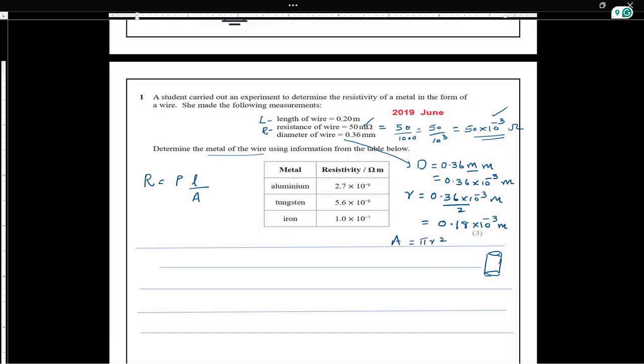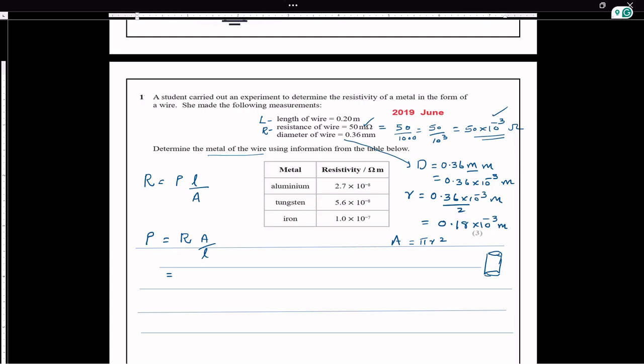Let us start from the main relation, and we have to calculate the value of rho. Keeping rho as the subject, we can rewrite the equation in the form rho equals R times A over L. Then let us start substituting the numbers.